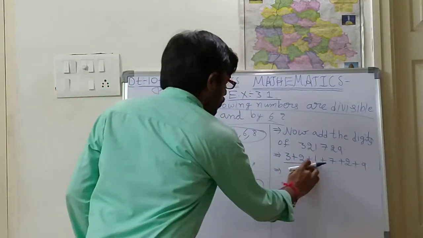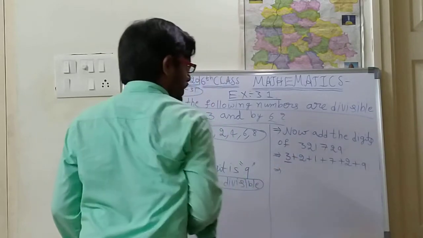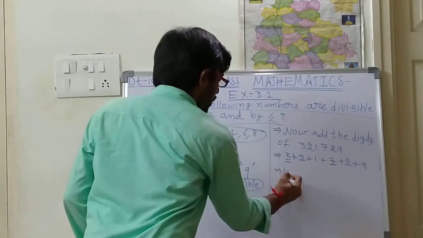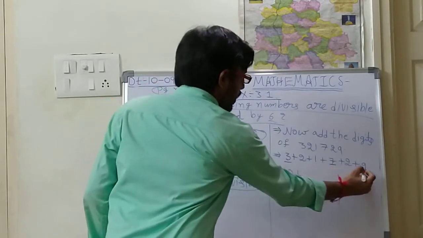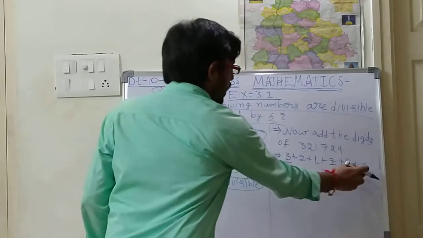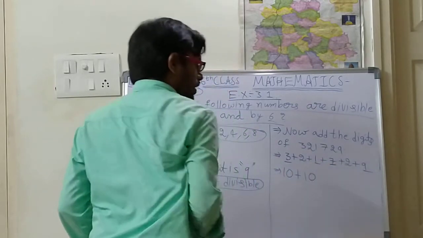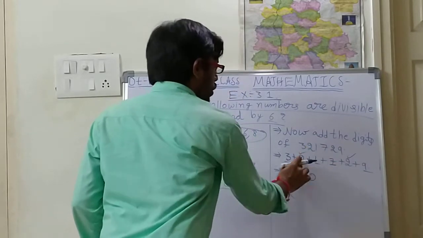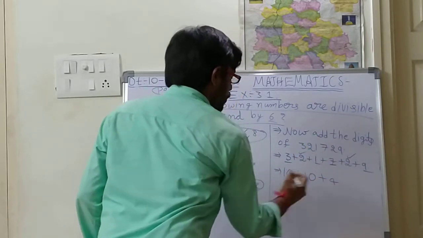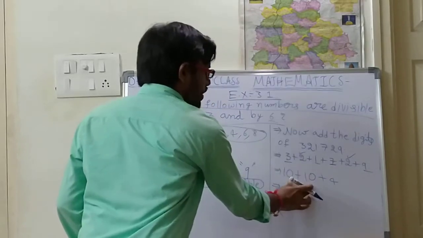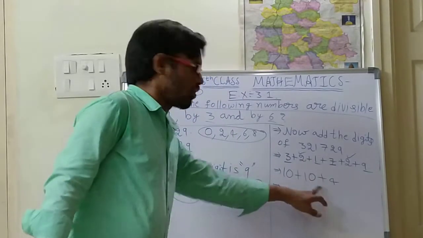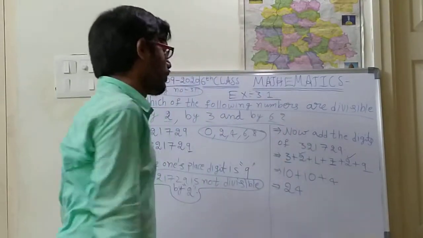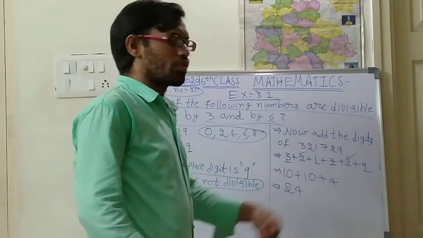Here 7 plus 3 is 10. Next, 9 plus 1 is 10. Next, the remaining 2 and 2: 2 plus 2 is 4. So 10 plus 10 is 20, and 20 plus 4 is 24. So now we got an answer of 24.